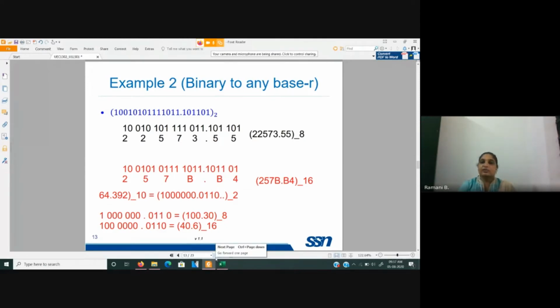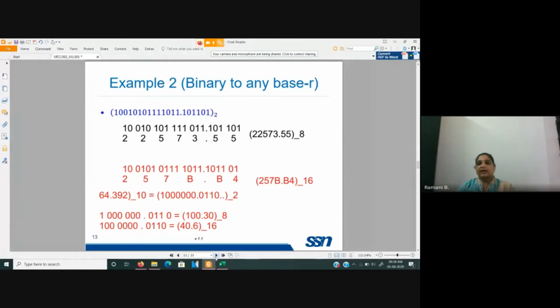The simplest thing to remember is, in case of converting any base R system to decimal, you express it in the powers of the corresponding base R and just add up the values to get the equivalent decimal value. Whereas to convert any decimal number to any other base R, you divide the integer part by the corresponding base R, and consecutively do it with the quotients also, and accumulate all the remainders from bottom.